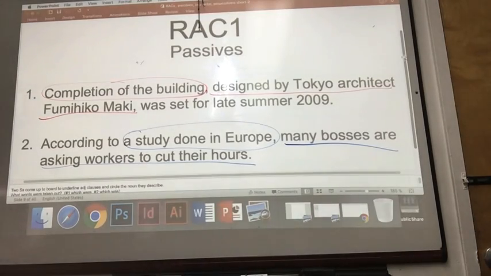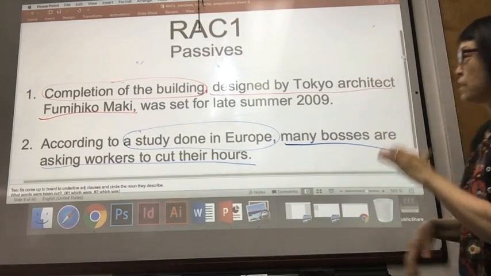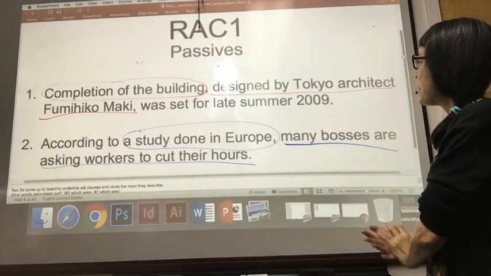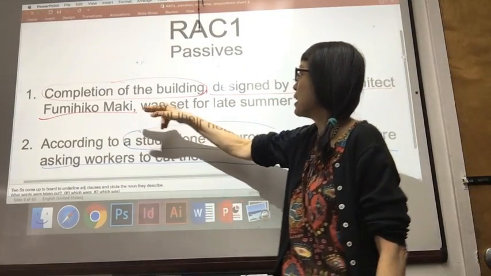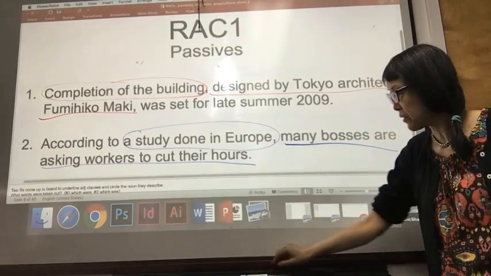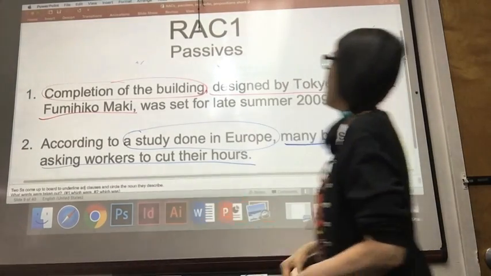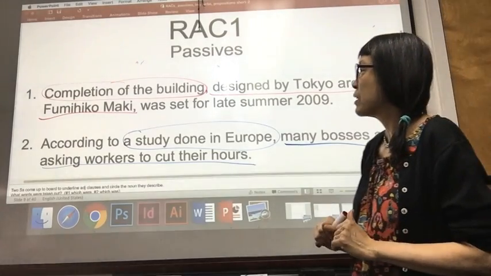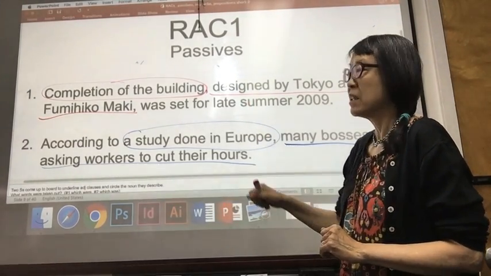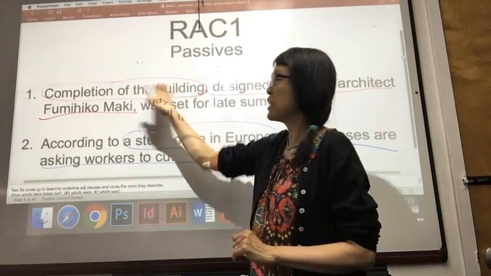Okay, so let's look at the first one. So Xuan says that designed by Tokyo architect Fumihiko Maki is an adjective clause. And the adjective clause describes completion of the building. Can we choose one word in here?